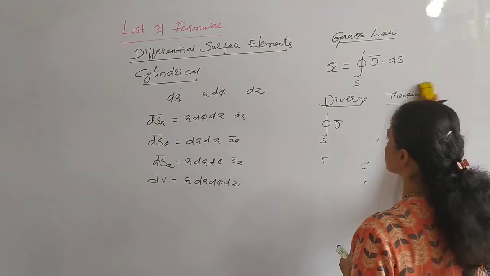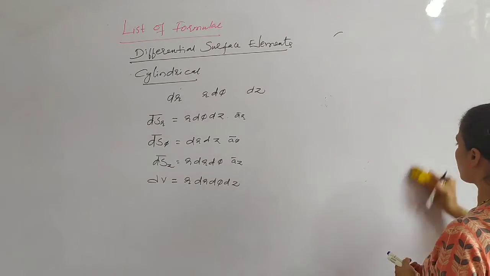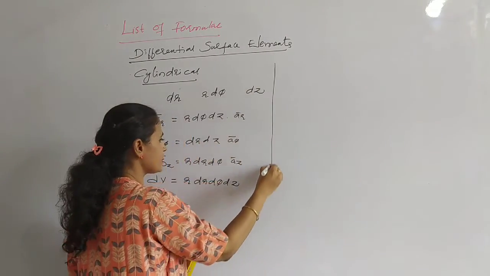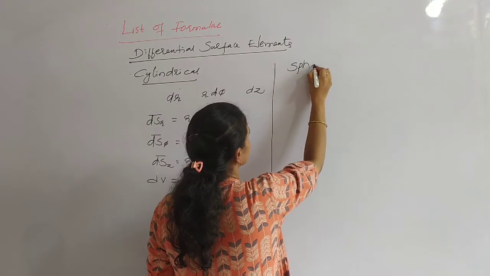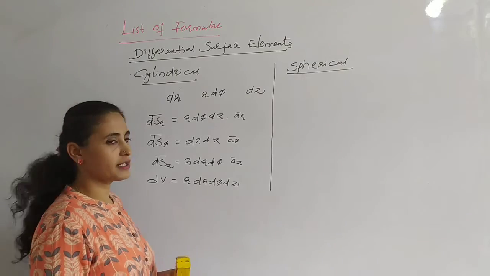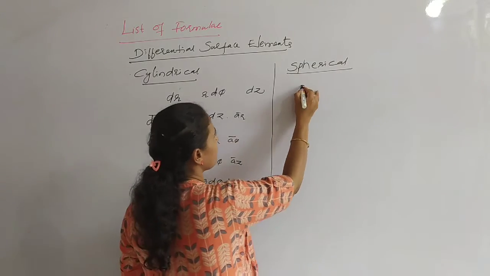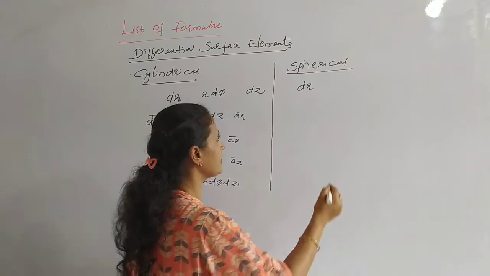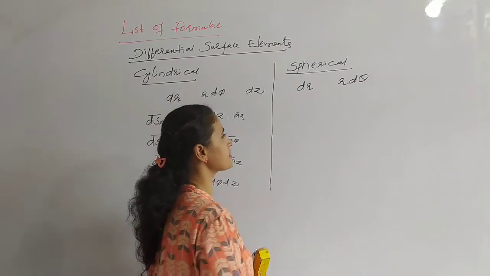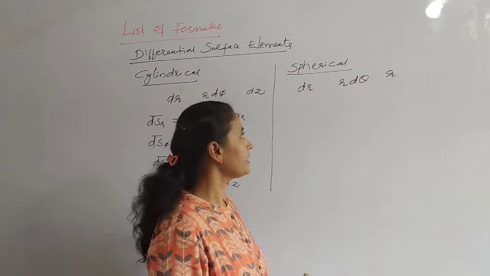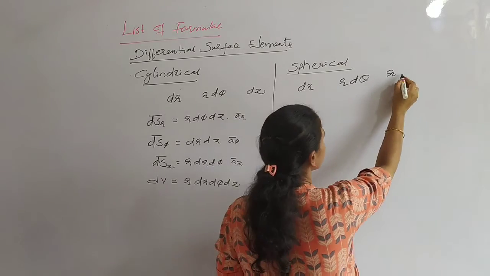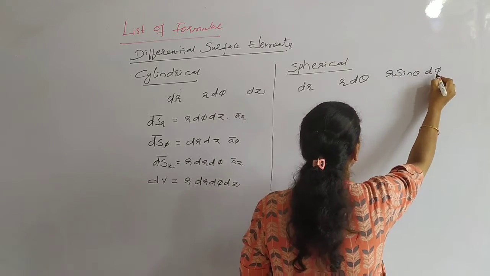In the same way, we will see spherical coordinates, then move on to the numericals. In spherical coordinates, the three differential elements are dr, r d theta, and r sin theta d phi.